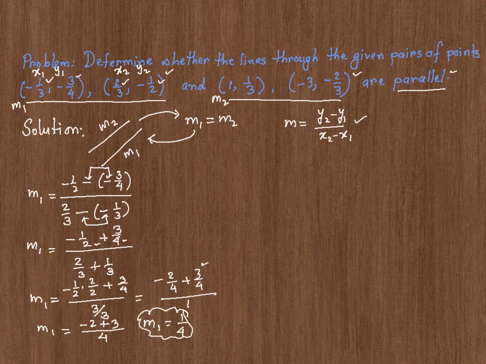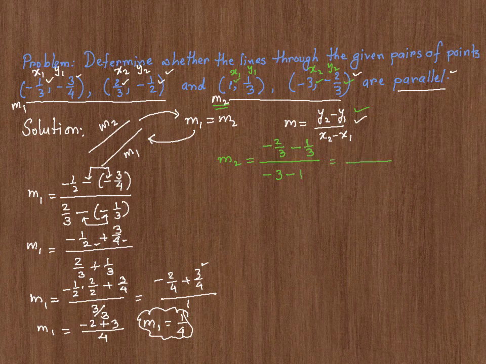Now let's go ahead and find the second slope. And to find the second slope, I'm going to do some labeling here. I'm going to call this one my x1, y1, x2, y2, and then again I use this formula. m2, that's the slope of the second line, is going to be y2 minus y1. y2 is negative 2/3 minus y1, which is 1/3, divided by x2, which is negative 3, minus x1, which is 1.